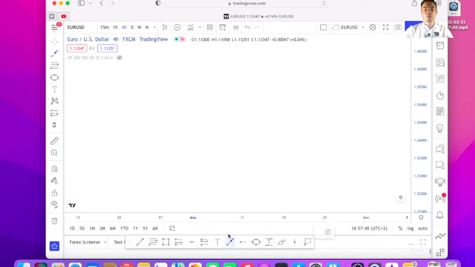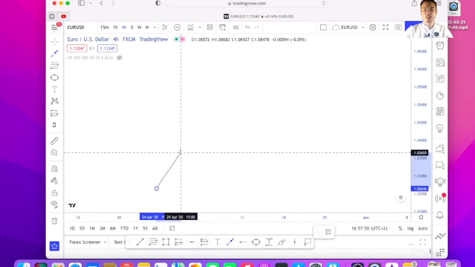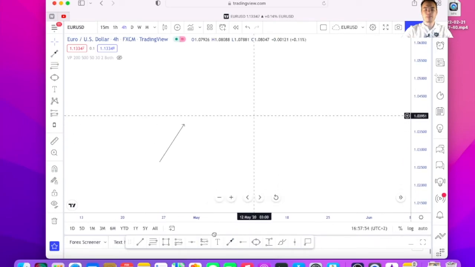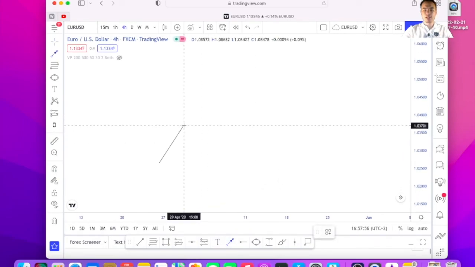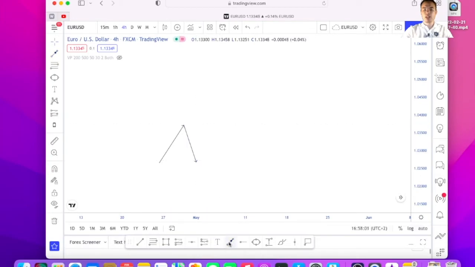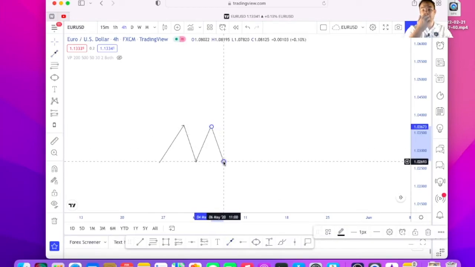So what will happen is price will make a high, and it'll come down, make a low. Okay, then price will try and push up again, but make an equal high. Then price will come down to make an equal low.